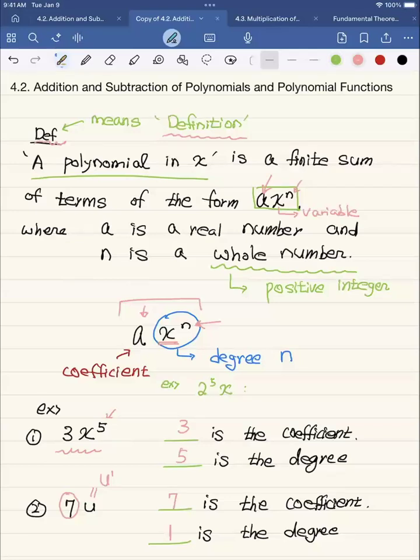The coefficient is 2 to the 5th power, and the degree of this polynomial is 1, because this can be regarded as x to the 1 power. So what you have to remember is degree is associated to the variable.